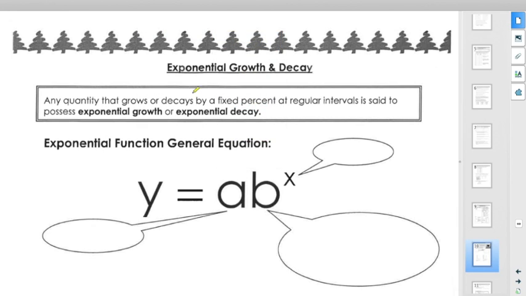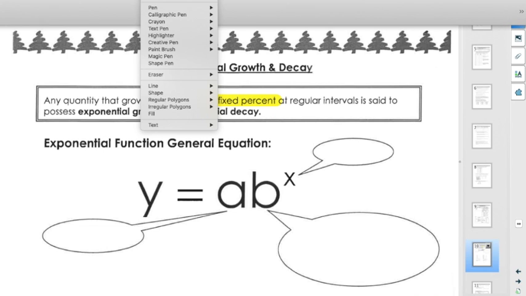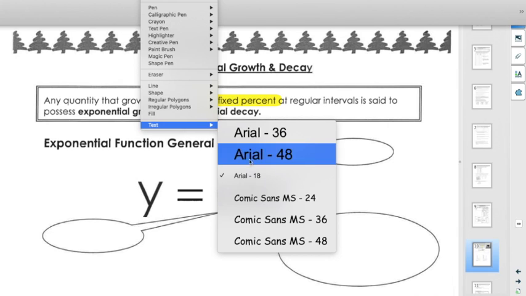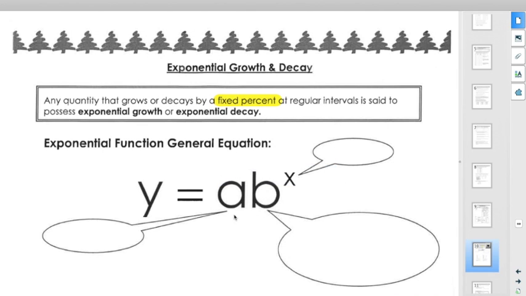I don't know if it was day 1 or day 2, but percent always implies multiplication, which is exponential. So, let's go back to text. y equals ab to the x. Again, a stands for your initial value or your starting amount. Same thing.